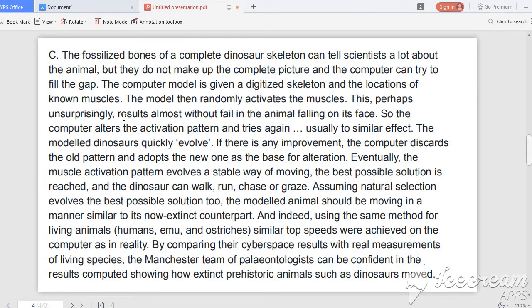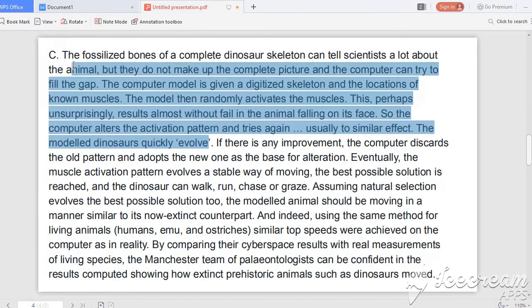This, perhaps unsurprisingly, results almost without fail in the animal falling on its face. So the computer alters the activation pattern and tries again, usually to similar effect. So I think the model dinosaur quickly evolves. So I think our answer is somewhere here.